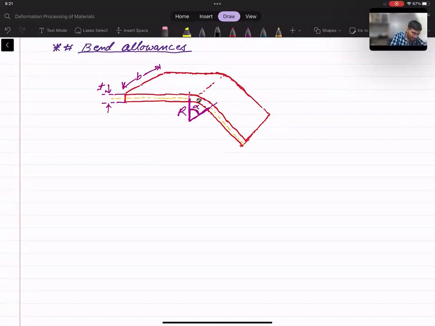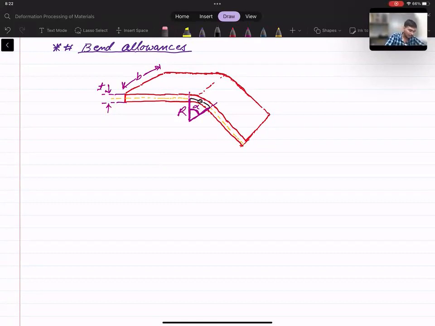This is denoted by B. This is the bend allowance. We'll see with one more schematic how it is important. Okay. So this was to demonstrate the various things which we are talking about.